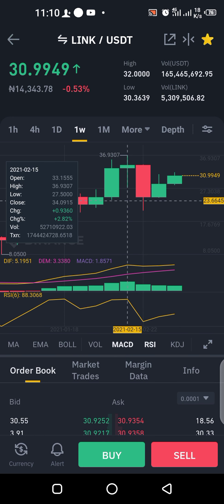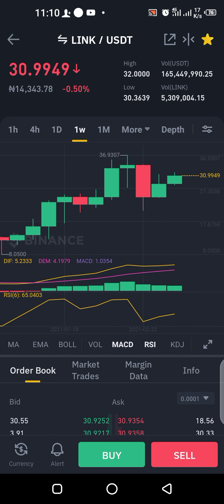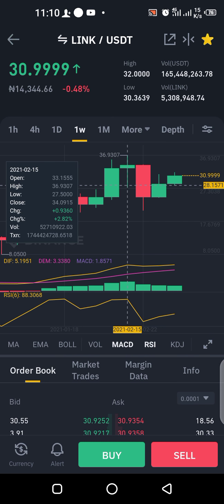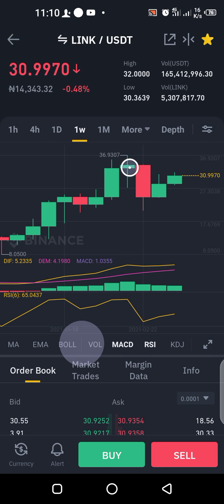Now, if you are not in this market, if you have not entered this market before 22nd, 21st, 28th, if you have not entered this market and you are just seeing this chart, forget about the past 3 weeks here. Focus on this.